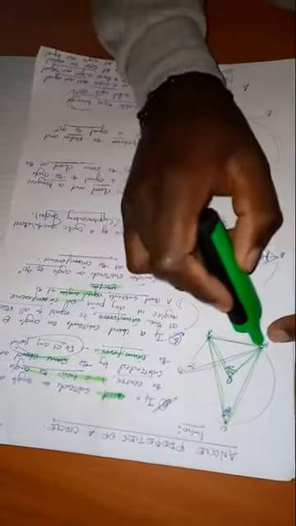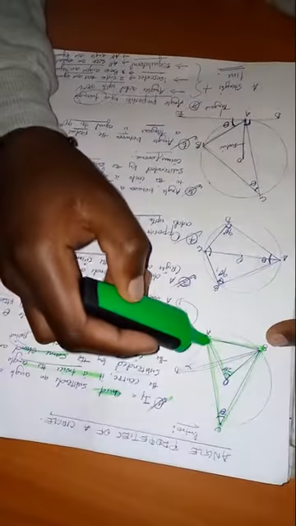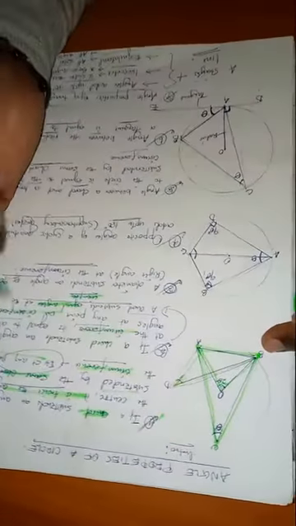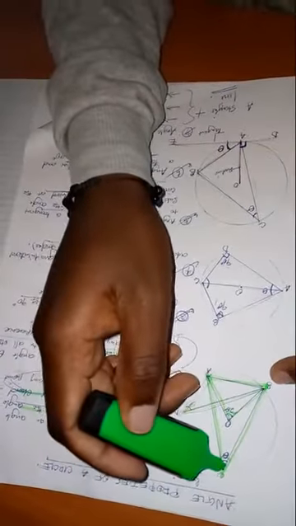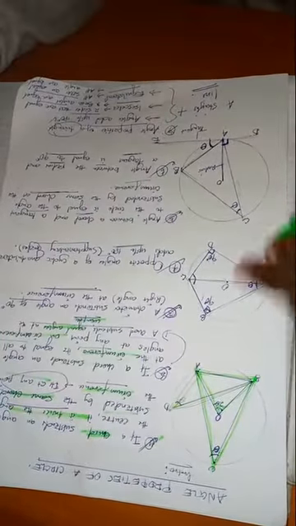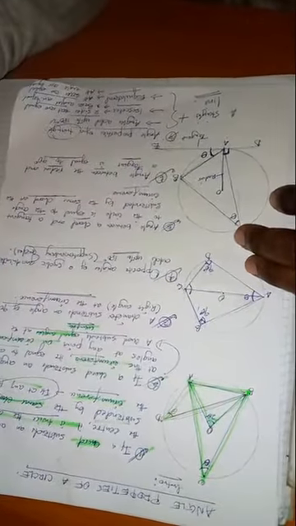For example, this chord AB subtends an angle at C and at D. These are two angles on the circumference of the circle. The angles should be equal. If this angle is theta, this should also be equal to theta. That is the second property.